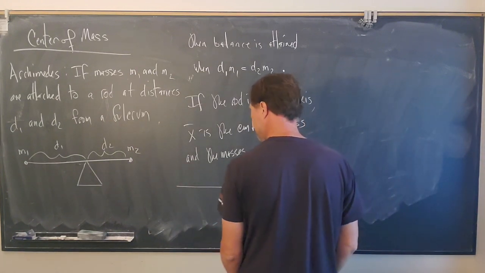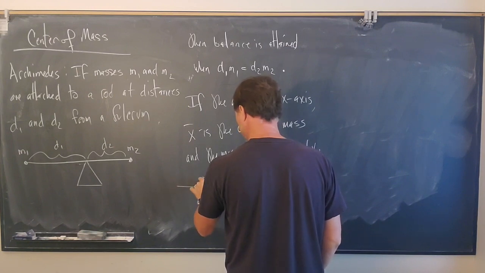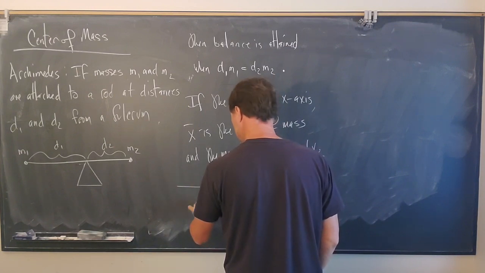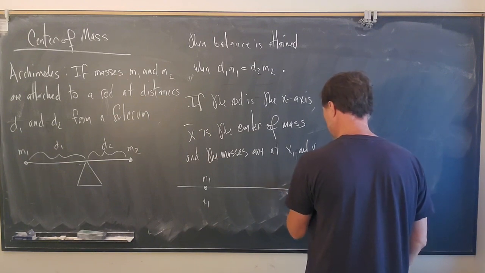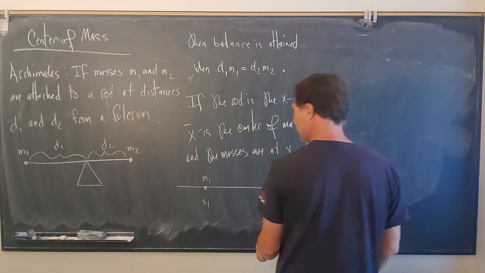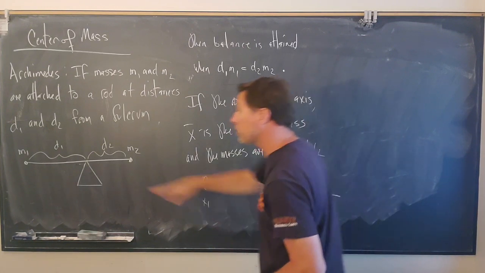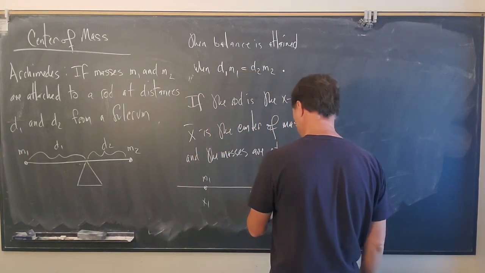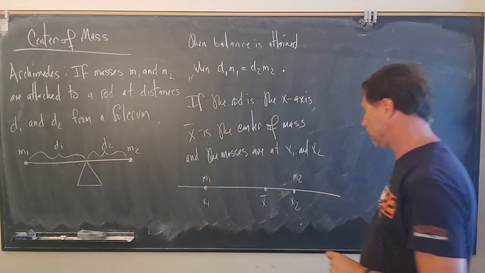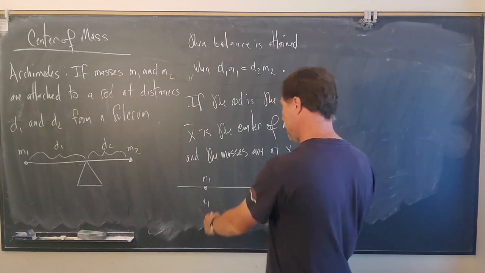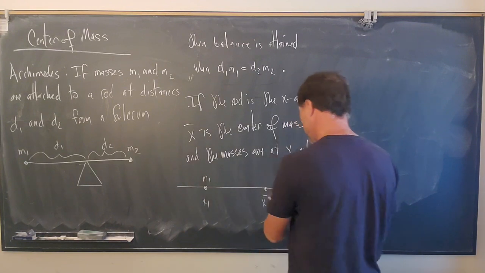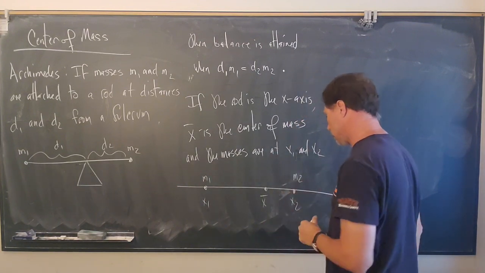I've got mass 1 at position x1. I've got mass 2 at position x2, and then the center of mass, the spot where the fulcrum would be, we'll call that position x bar. So what we need for balance then is this distance times m1 to equal this distance times m2.